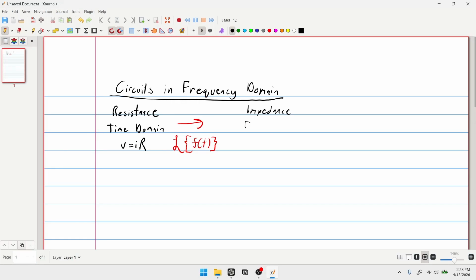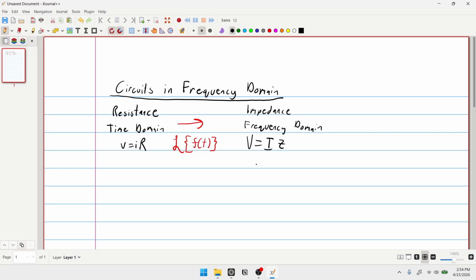And this would be in the frequency domain. And instead of V equals IR, we have big V equals big I times big Z. And you'll notice I'm using capital letters. Typically we'll use capital letters to signify that the function is in the frequency domain.